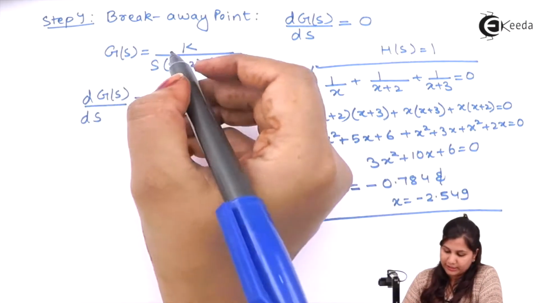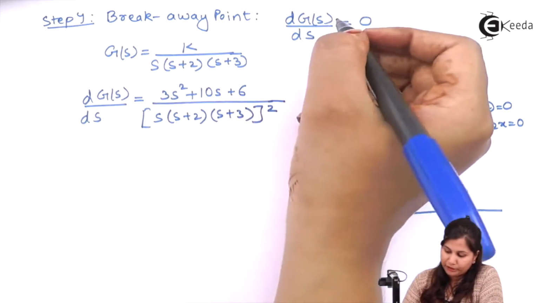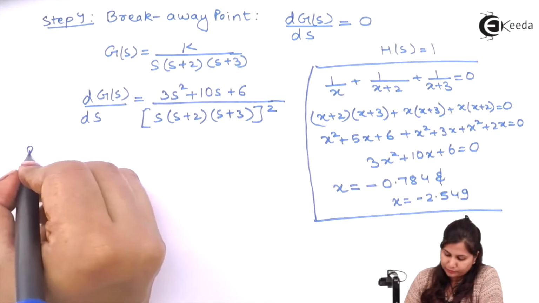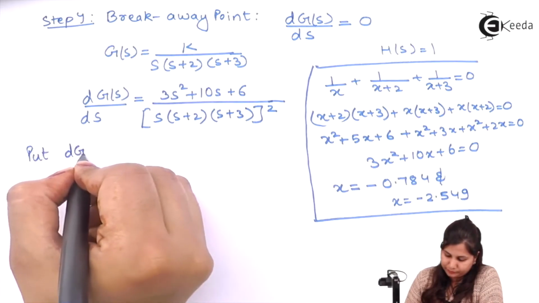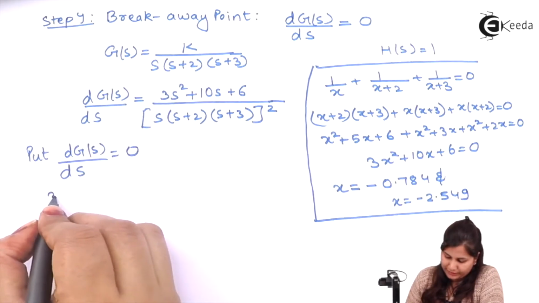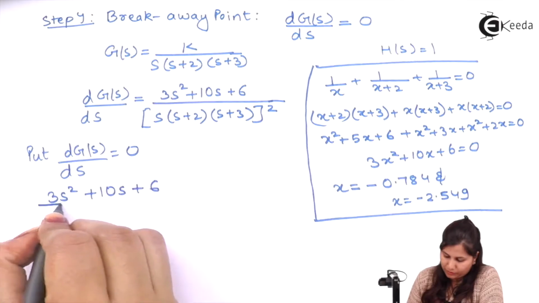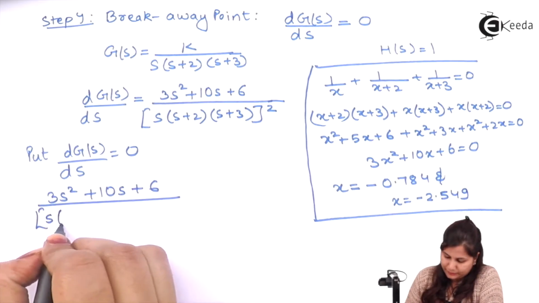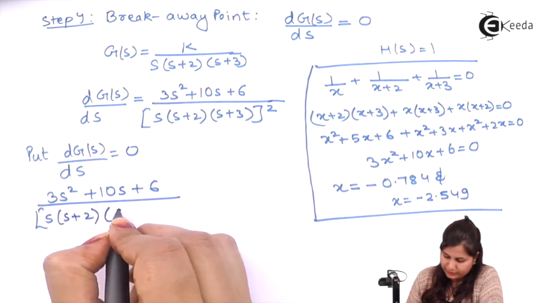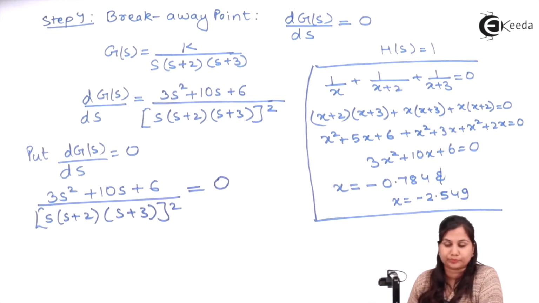Okay, so this is the differentiation of this open loop transfer function. Now equate it to 0. So we will get 3s square plus 10s plus 6 upon (s plus 2)(s plus 3) equals to 0.